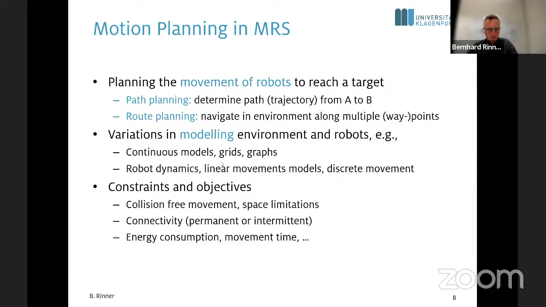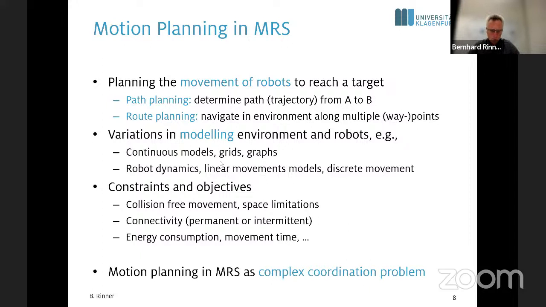Naturally, a very important constraint is collision-free movement. We are typically in spaces with limitations, and as I already mentioned about connectivity, we can either require or assume permanent connectivity among all agents, or we can consider intermittent connections between the agents. Energy consumption, mission time, and so on are other important optimization criteria. And as we've already mentioned, this is a rather complex optimization problem.